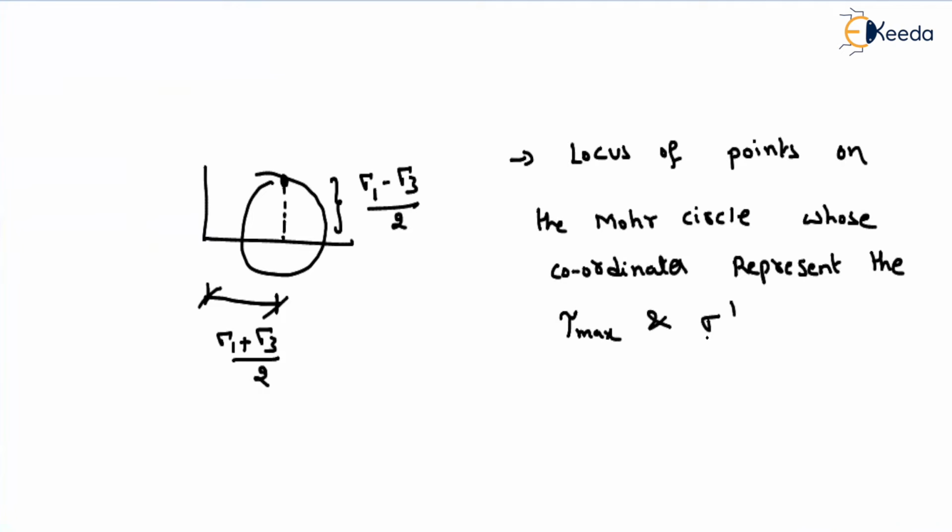Sigma dash is the normal stress on the maximum shear stress plane. If we join all those points, then that is called a stress path.